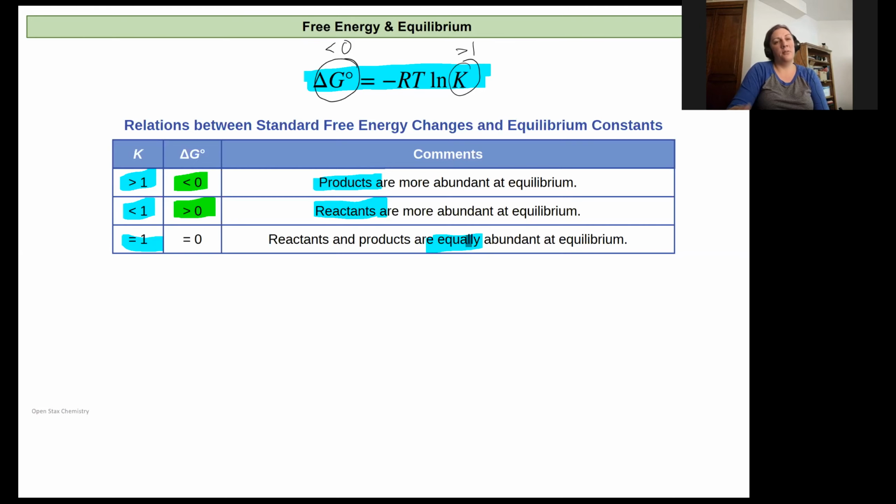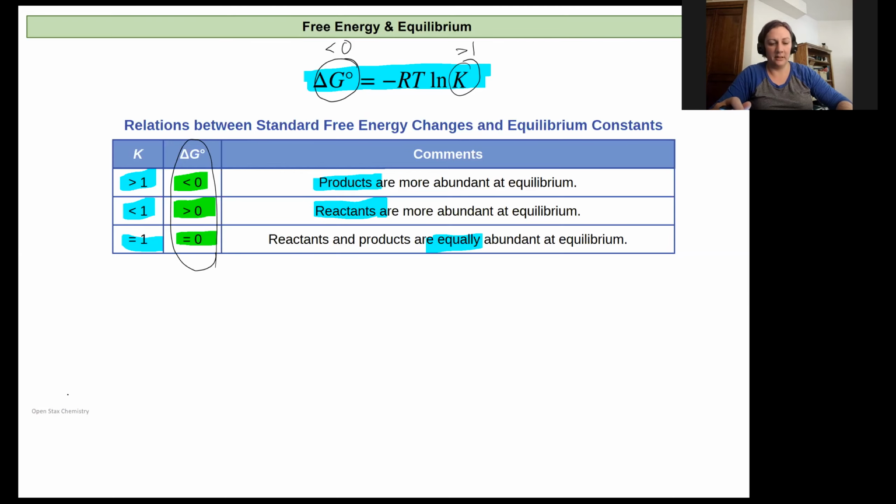We have roughly equal amounts of products and reactants when we actually hit equilibrium. And if K is 1, then that means our standard free energy change is going to be 0. So we can use these general values of our free energy to evaluate what the reaction looks like at equilibrium.